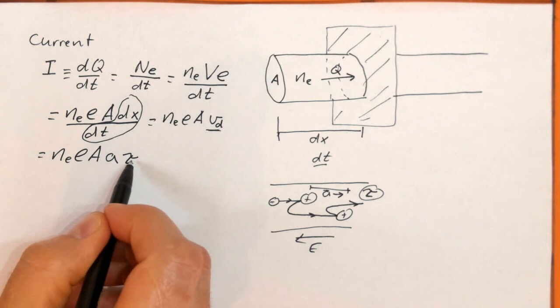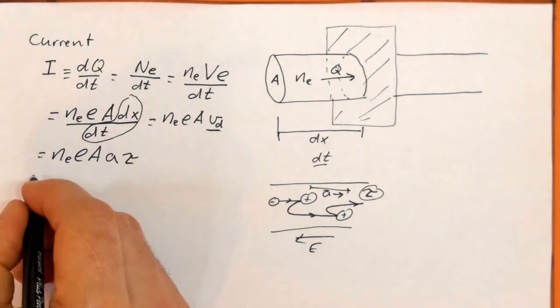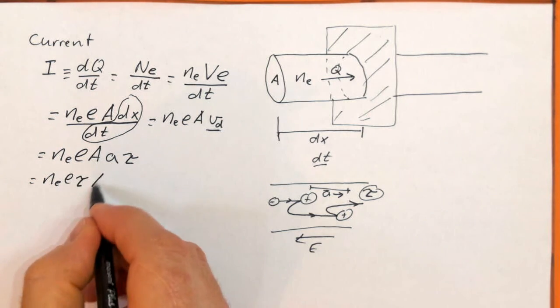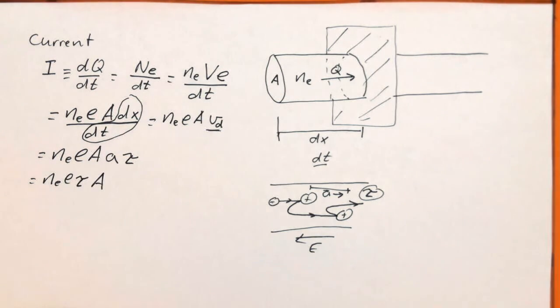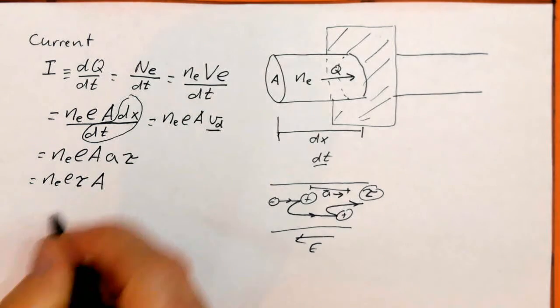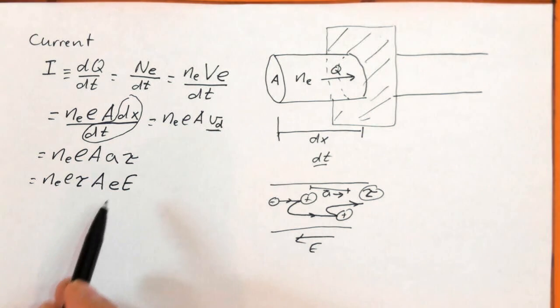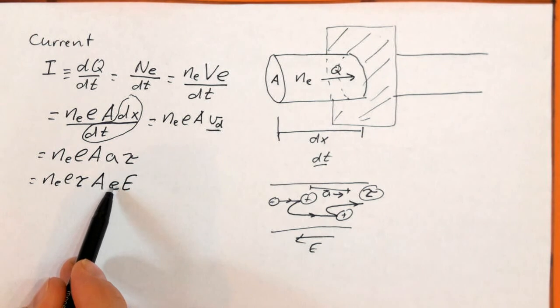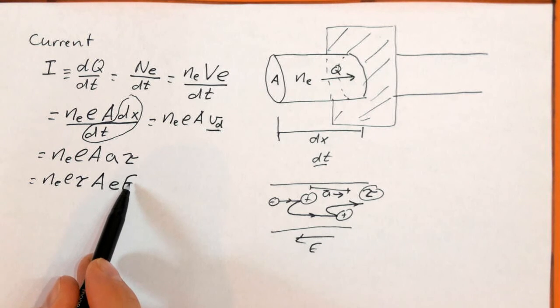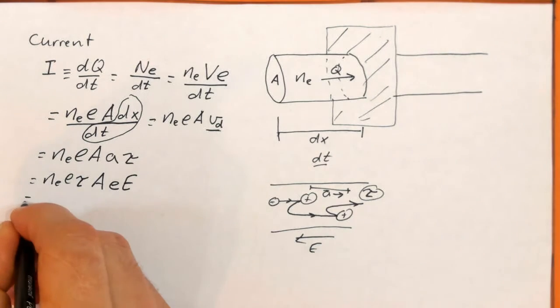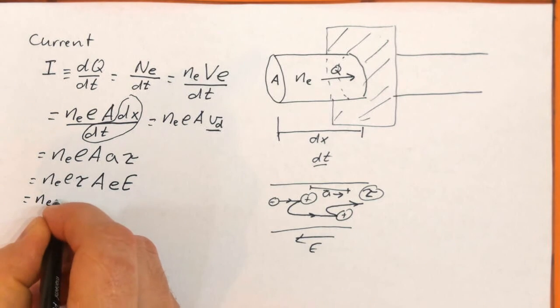The tau is a property of the material. I'm just going to collect those together, and then times a, its acceleration. Now acceleration, we already know what that is. That's going to be the size of the charge times the electric field. So q times E, but the charge is an electron, so we have little e times big E.